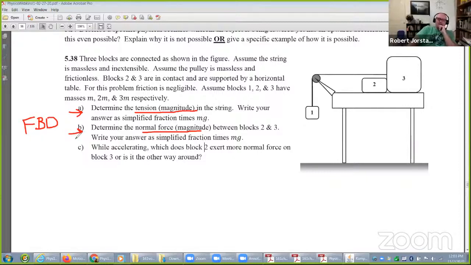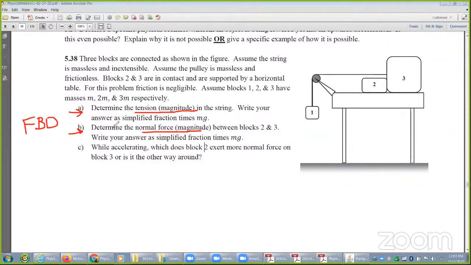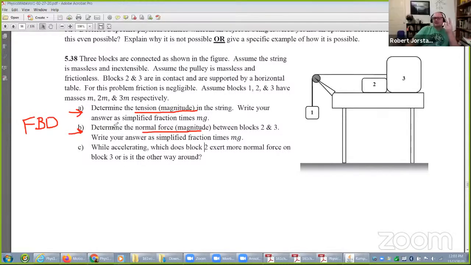When you do a free body diagram, usually how many equations do you get per block at most? Two. And that's a sign that there's usually 2 things that could be unknown. So all these problems, it's basically use physics to set up algebra equations so that you get 2 equations, 2 unknowns, and go to work.